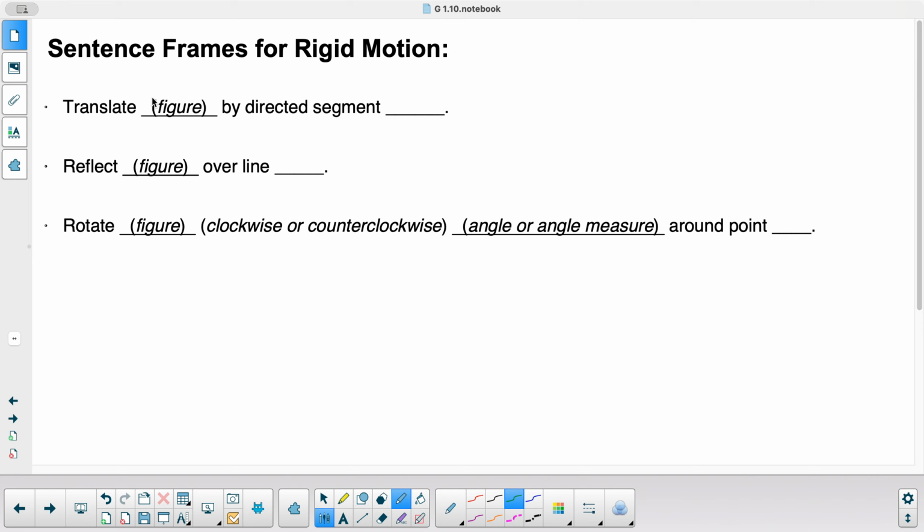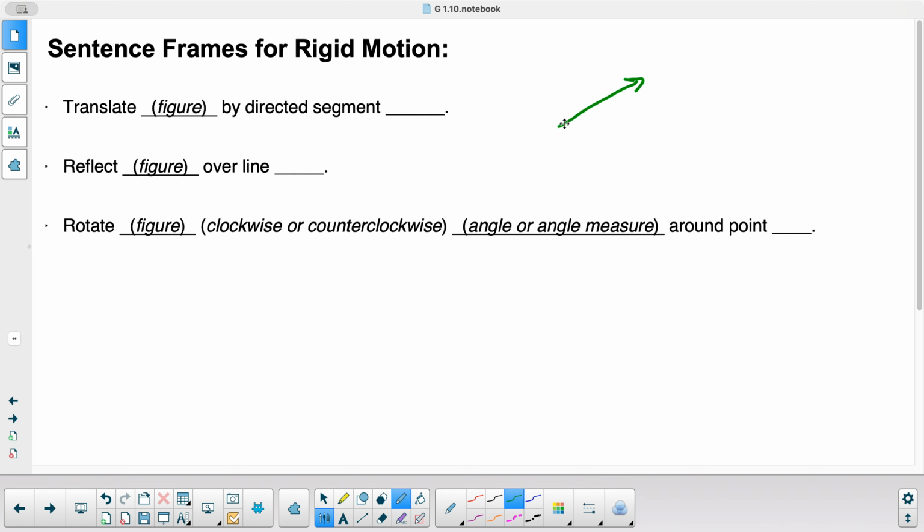All right, so in order to do rigid motion, we need to use proper language here. So if I want to translate a figure, I need to translate by a directed line segment. If I have something like this, you think it looks like a ray, but it's actually not. It's a directed line segment. So I'm going in this direction up to the right, and I end right here.